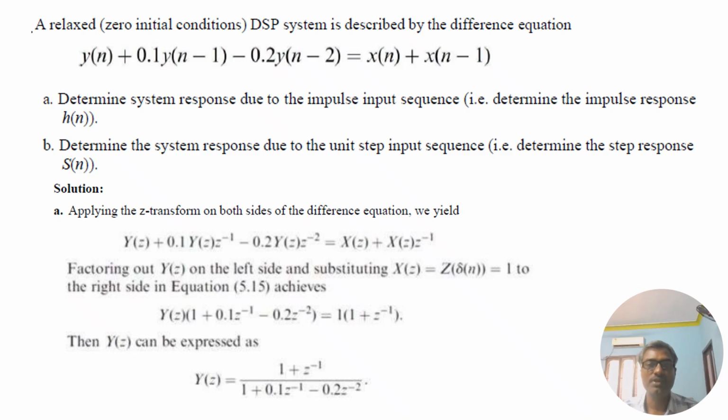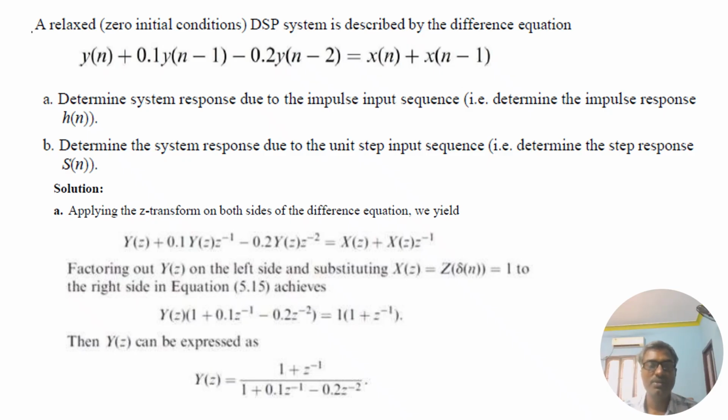So x of n equals delta of n. When you find X of z, what we get is 1, because the z transform of the unit impulse signal is 1. Now we have to take the z transform of the given difference equation. Then what we will get is Y of z plus 0.1 Y of z z power minus 1 minus 0.2 Y of z z power minus 2 equals X of z plus X of z into z power minus 1.